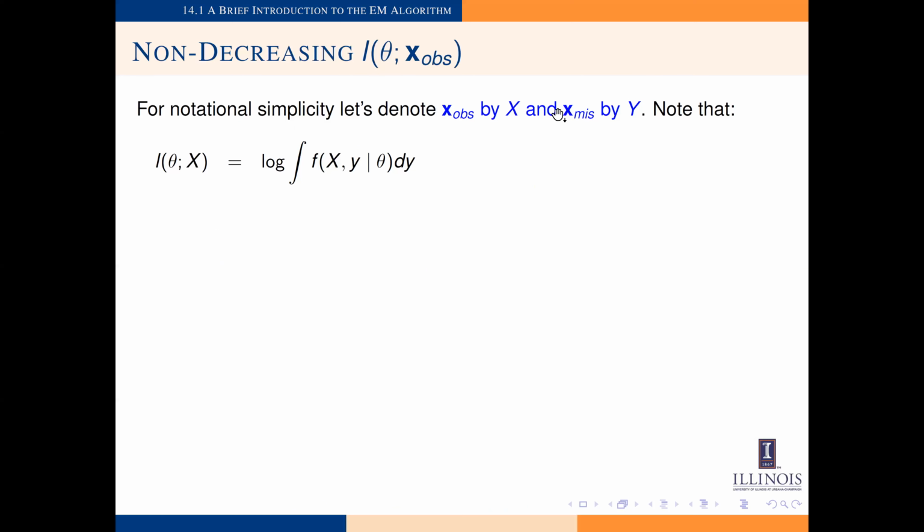Let's note that the observed data log likelihood, denoted by L of theta given x, the observed data, is equal to the log of the integral over the joint density of x and y given theta over all possible y values.